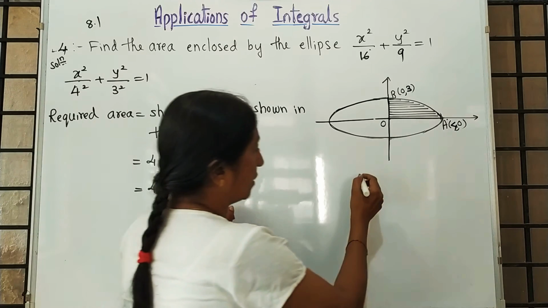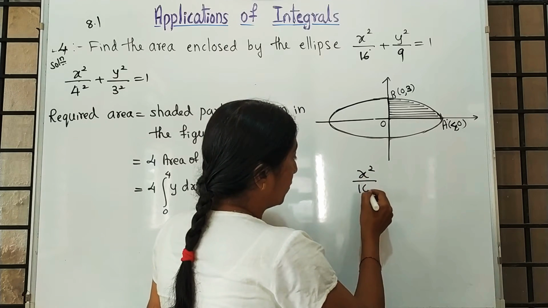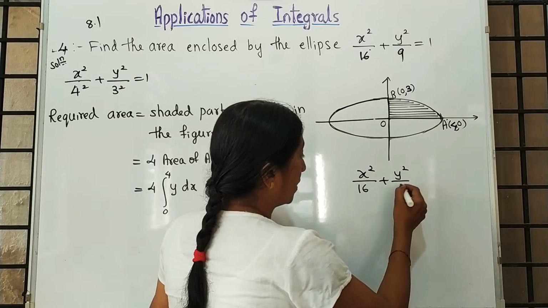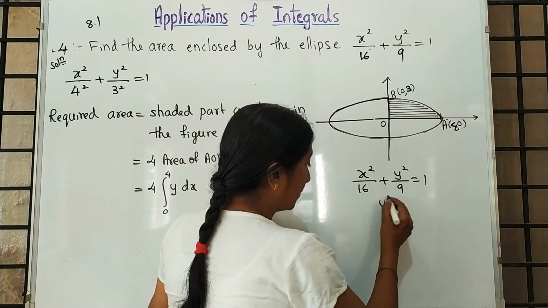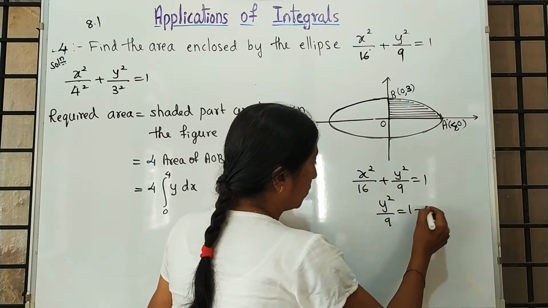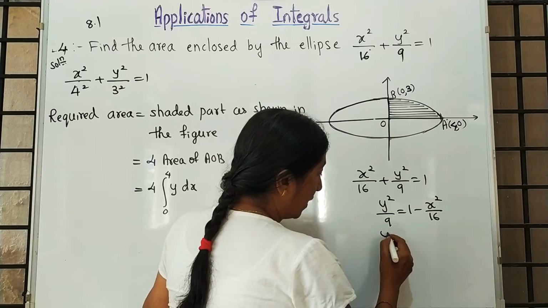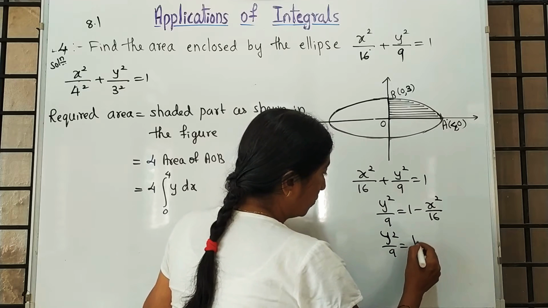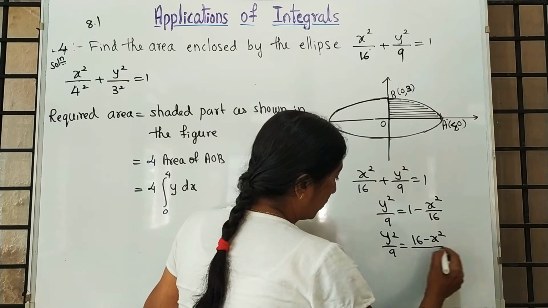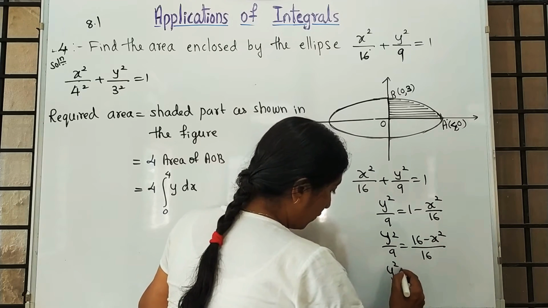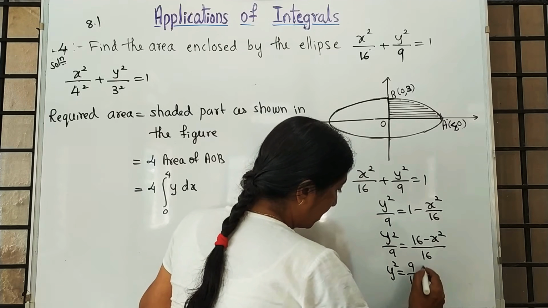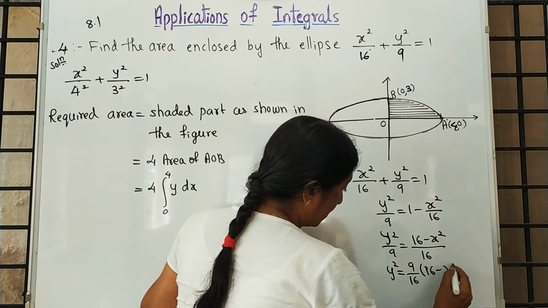Now we have to write this. It is x square upon 16 plus y square upon 9 is equal to 1. Y square by 9 is equal to 1 minus x square by 16. So y square by 9 is equal to 16 minus x square upon 16, or y square is equal to 9 by 16 into 16 minus x square.